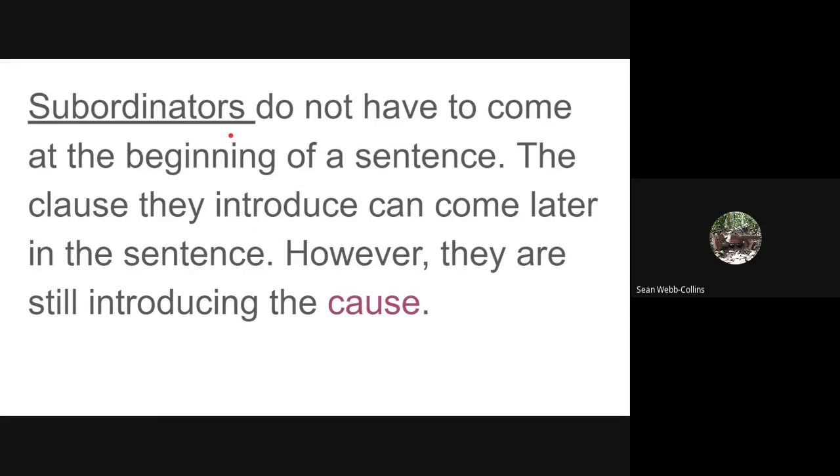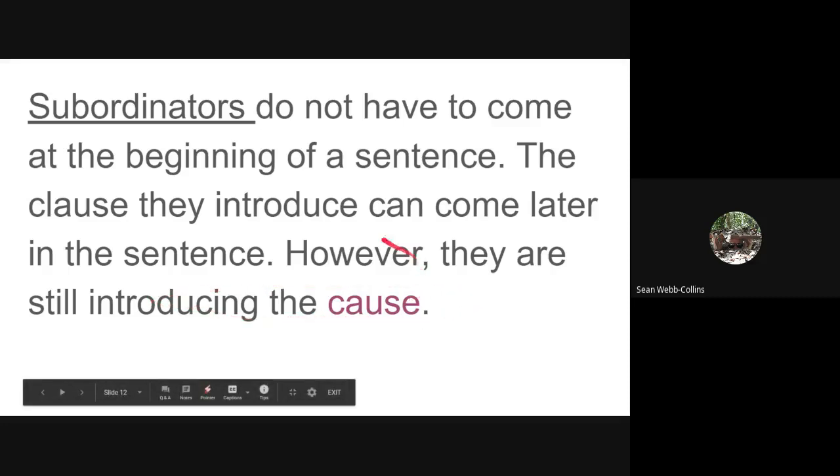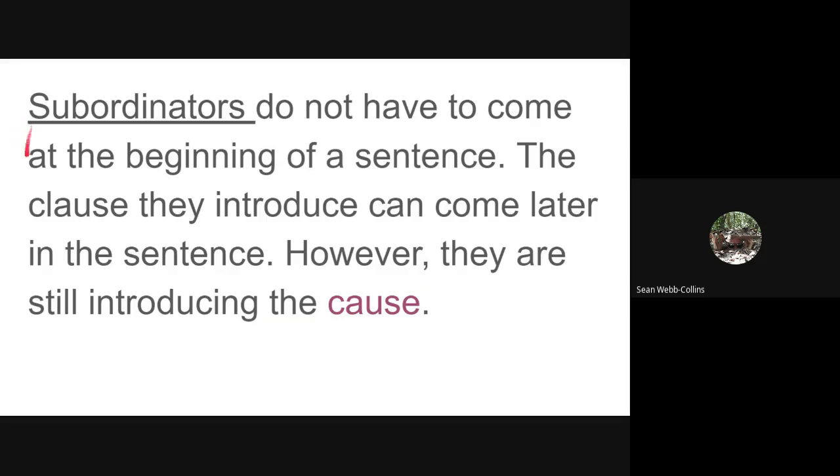And subordinators do not have to come at the beginning of a sentence.